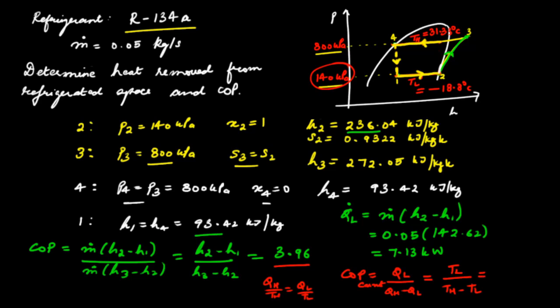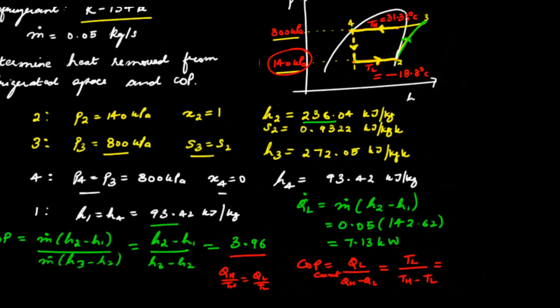Therefore, now we can compute the COP of this refrigerator operating on the Carnot cycle. Here the temperatures that we are interested in are the absolute temperatures. Therefore, we must convert into Kelvin scale.